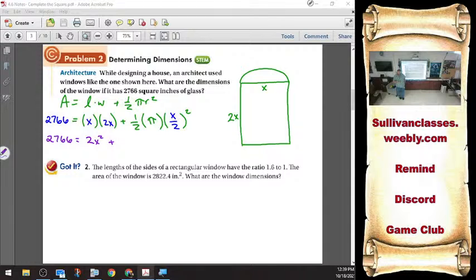X squared divided by 4, right? Square the numerator, square the denominator. I'm going to have 1/2 times pi times x squared over 4. So all the numerator stuff together is pi x squared. All the denominator stuff together is 8. So altogether, I will have pi over 8 x squared.